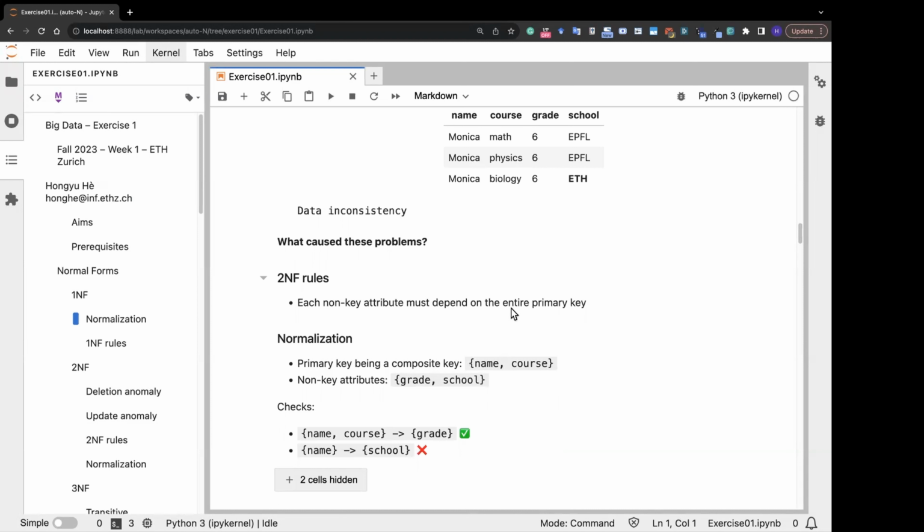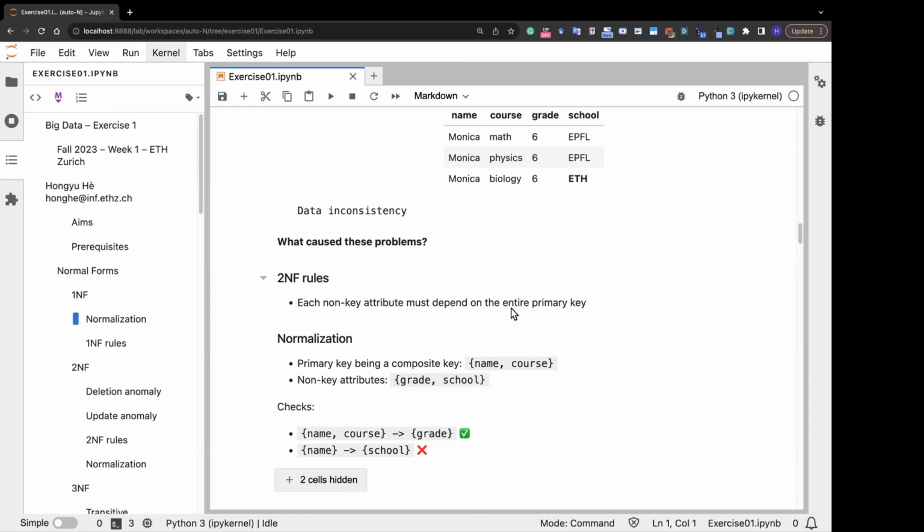For the grade, we checked if it depends on both the name and the course, because they are part of the key. But why for school did we check that it depends only on the name? Yeah, that's a good point. What I wanted to say is that school is not depending on both name and course. School is only dependent on name.